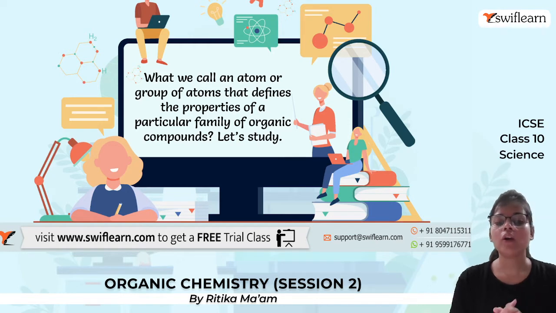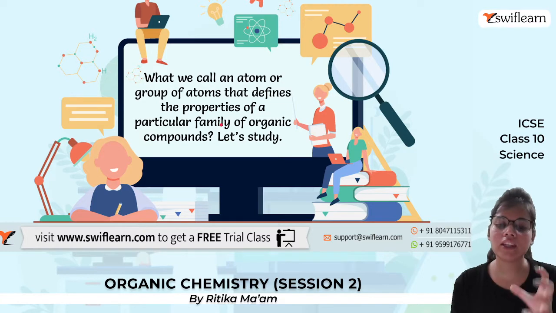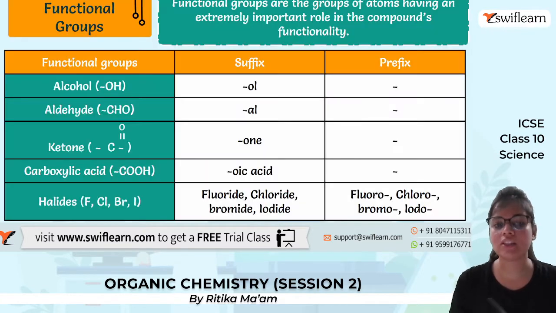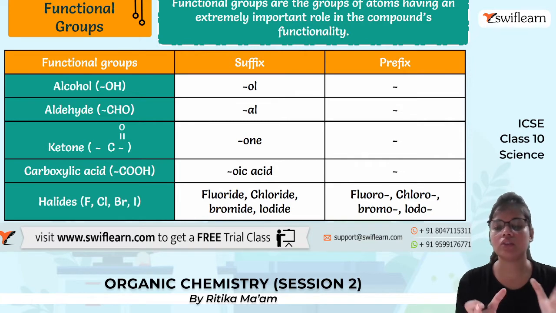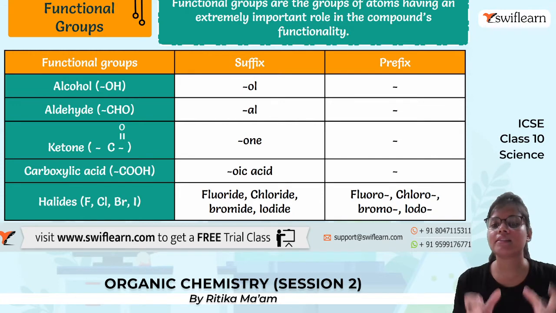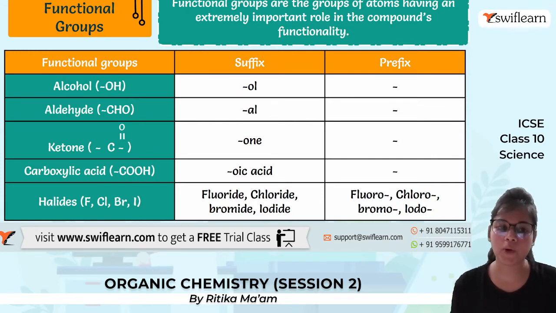Now, what do we call an atom or group of atoms which defines the property of any family of organic compounds? These are the functional groups. What are functional groups? These are any group of atoms which have a very important role in deciding the function of any compound. The various functional groups that we have are alcohol, aldehyde, ketone, carboxylic acid, halides.